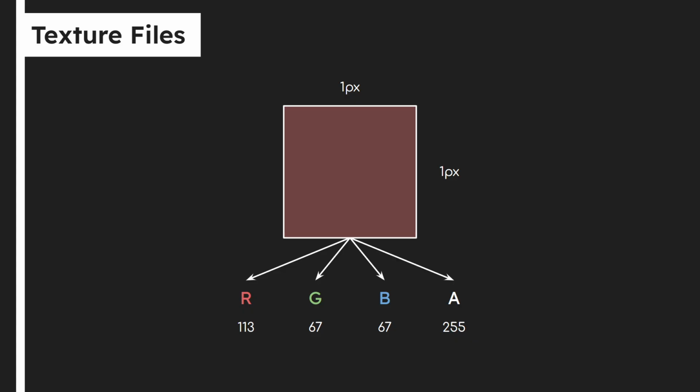And those 4 channels come together to create our color pixel. In this case, this brown color from that car jack has an R value of 113, green of 67, blue of 67, and an alpha value of 255. So these values range from 0 to 255, where 0 is black and 255 is white.